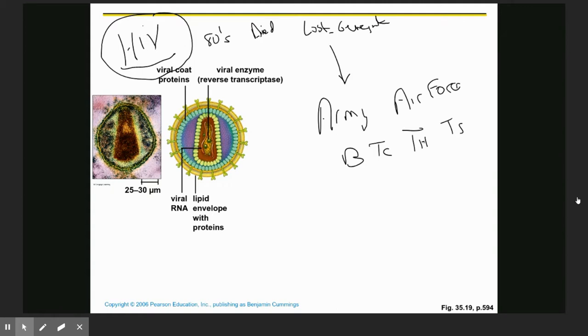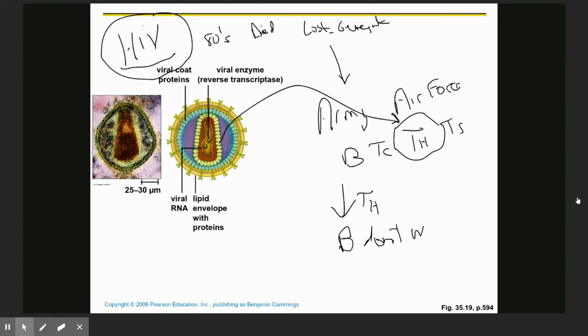And that is the cell that primarily HIV infects. So if you get rid of all the T helper cells, B cells, no matter how many of them you have, they don't work. And T cytotoxic, no matter how many of them you have, don't work. They don't do anything. And if they don't do anything, they can't protect you.